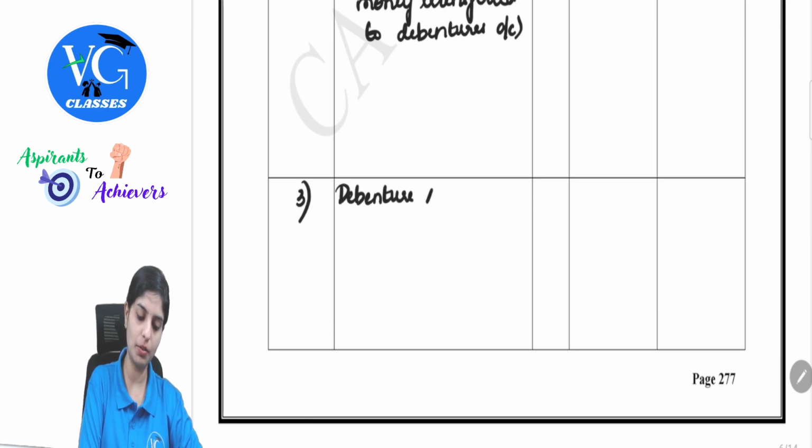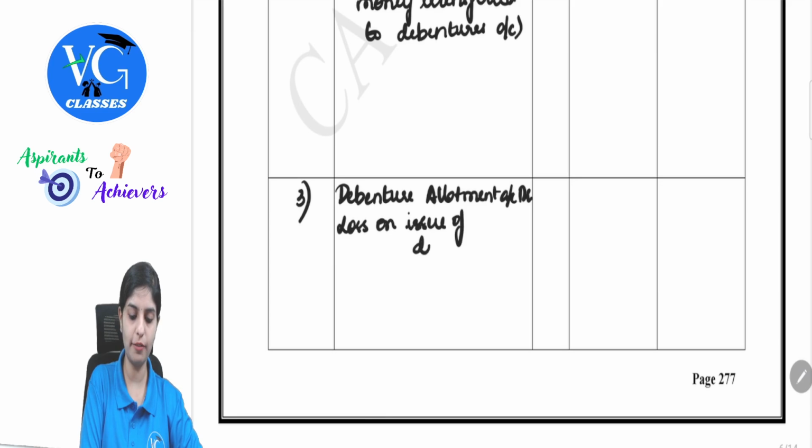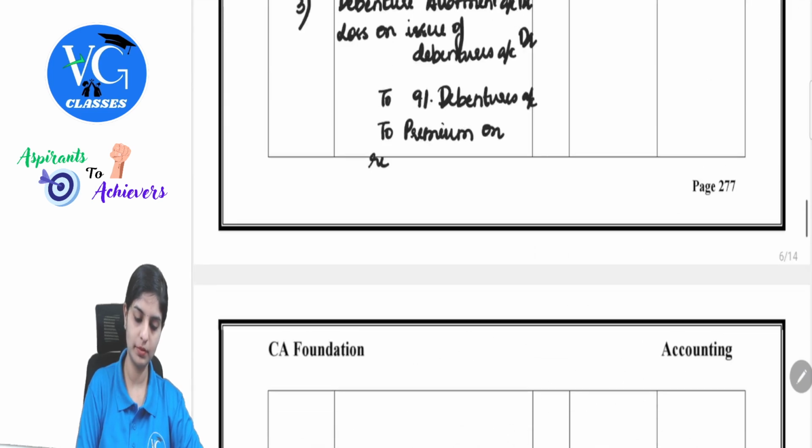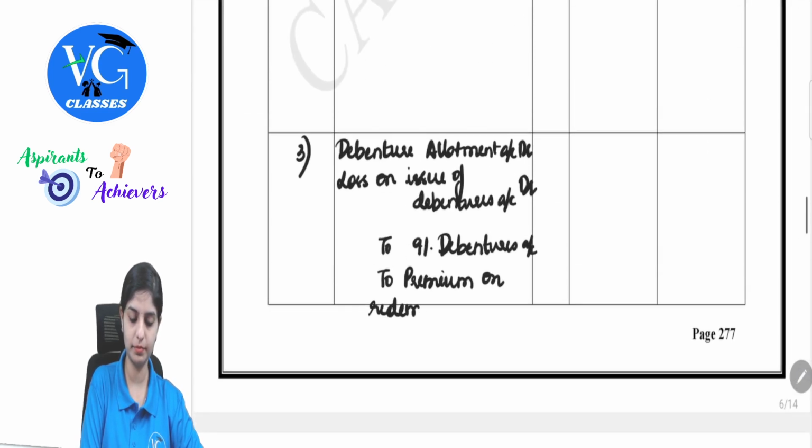Debenture allotment account debit, loss on issue of debentures account debit, to 9% debentures, to premium on redemption of debentures.